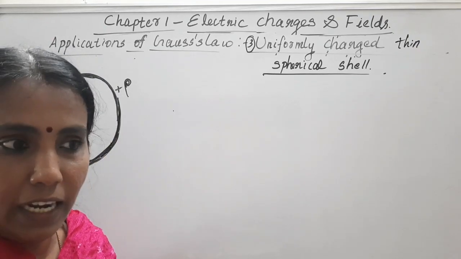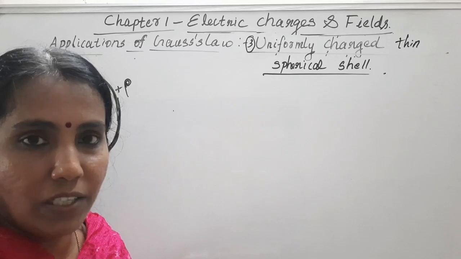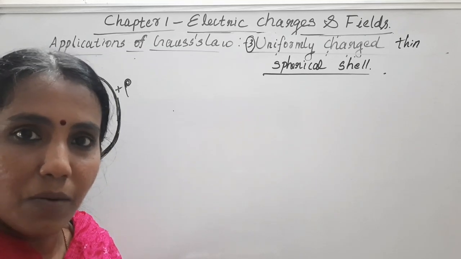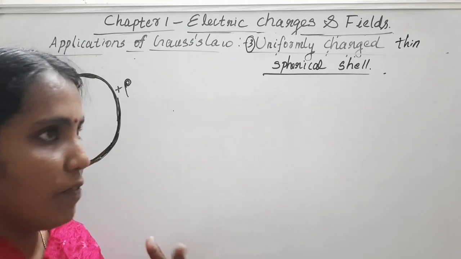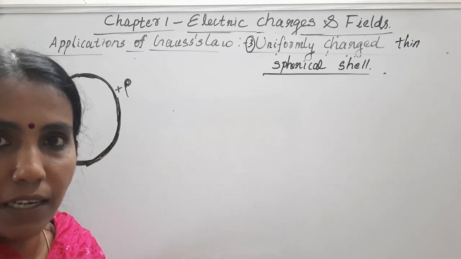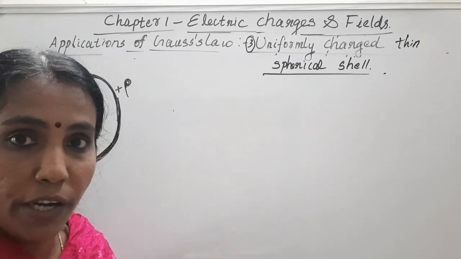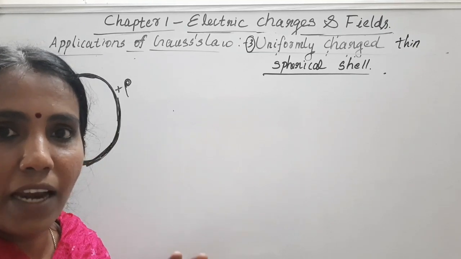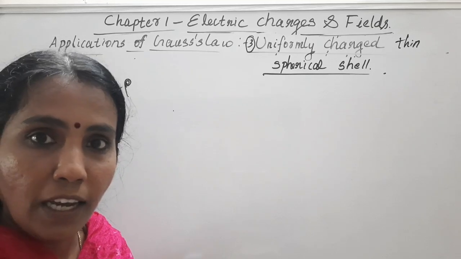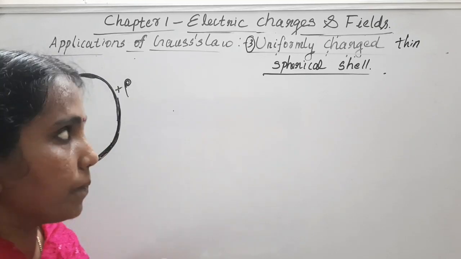So while telling this nature, that means the symmetry of the electric field, we can imagine the shape of the Gaussian surface. When we find the electric field at an outer point, at an inner point, and on the surface, the convenience is that we can assume a spherical Gaussian surface.